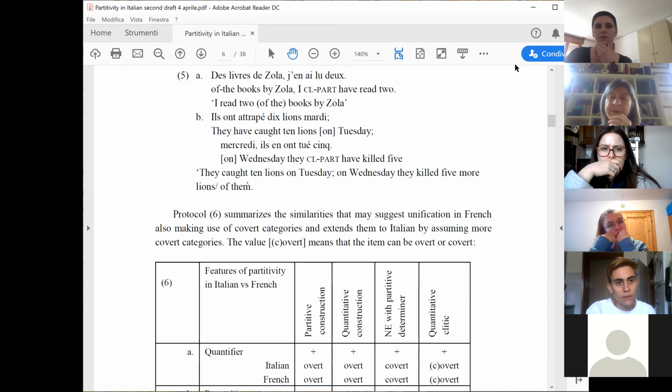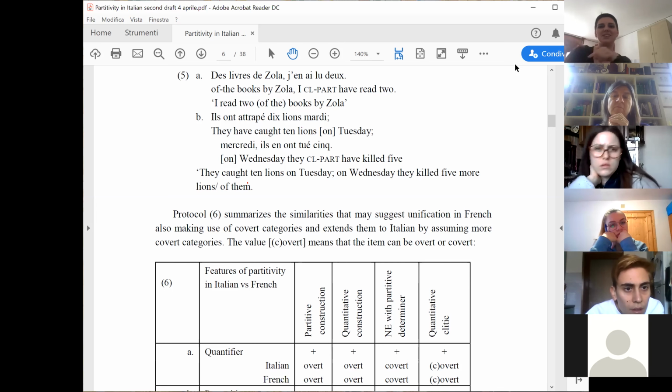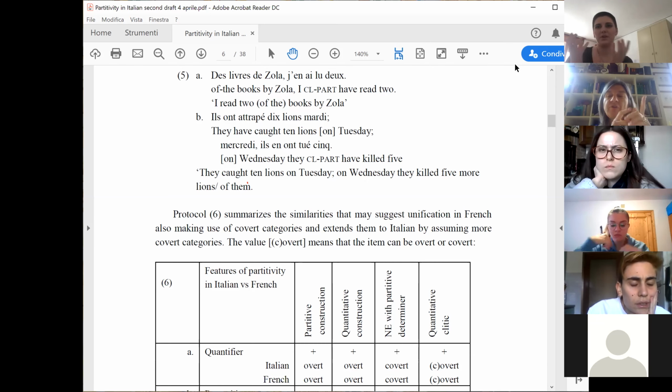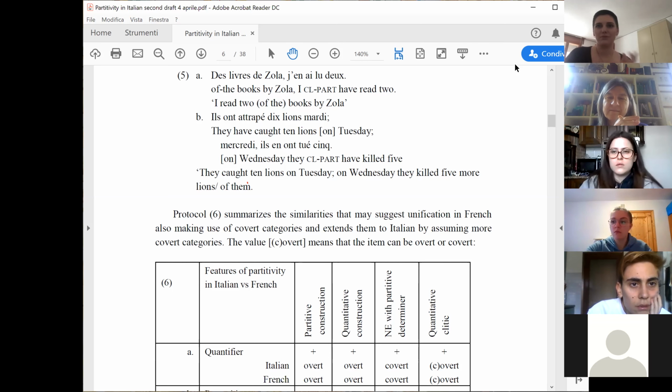So, Sie haben, also. Wir haben 10 von den Löwen. You know? So the first part. On Tuesday, what do you say? Am Dienstag. Haben Sie 10 von den Löwen gefangen?